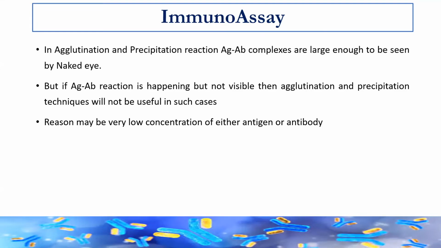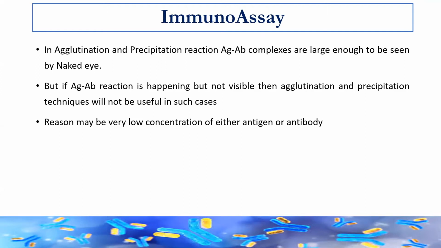That is the reason we are not able to see those complexes. In such cases, you won't be able to see visible changes in vitro, that is in the microplate or in the test tube.